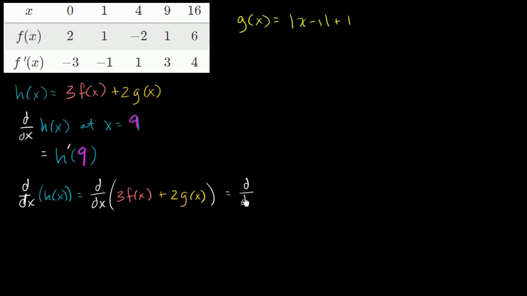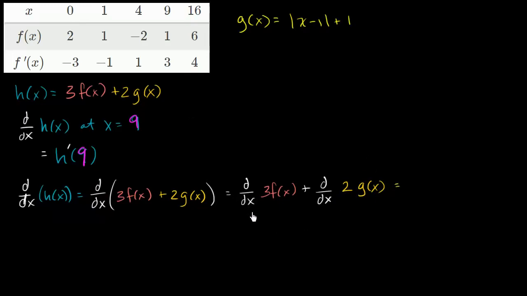So this is going to be the same thing as the derivative with respect to x of 3 times f of x plus the derivative with respect to x of 2 times g of x. Now, the derivative of a scalar times a function is the same thing as a scalar times the derivative of the function. What does that mean?